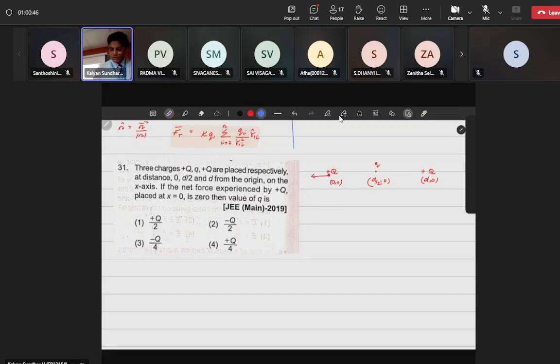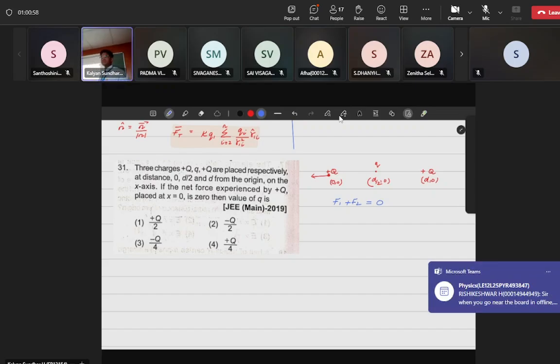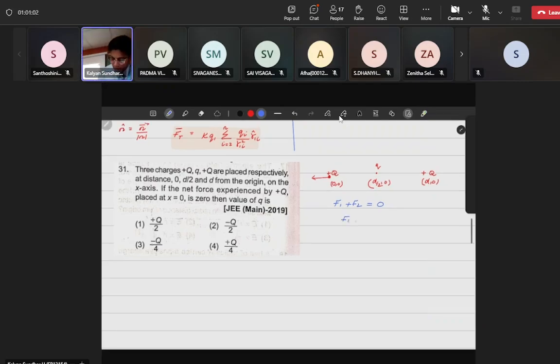So your total force, F1 plus F2, which is acting over this one, that is the combined force of these two, has to come to 0. Understood? So I can write F1 will be equal to minus F2. What is F1? Take it for the two.